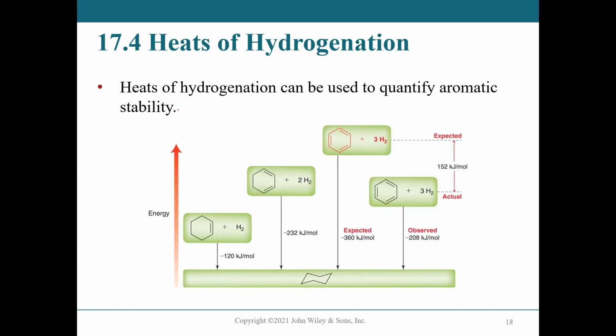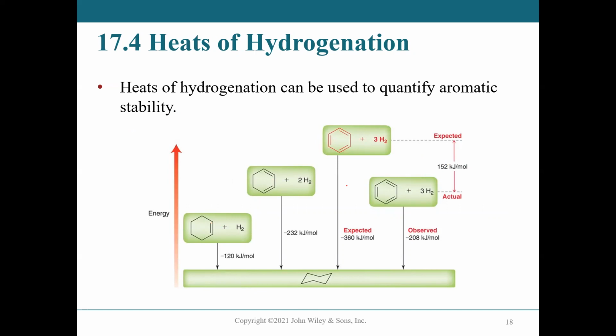So heats of hydration can be used to quantify aromatic stability. Here they have one double bond, here's two double bonds, and this would be the expected, but this was the observed. So there's a difference, and that's due to the stability of the bonds.